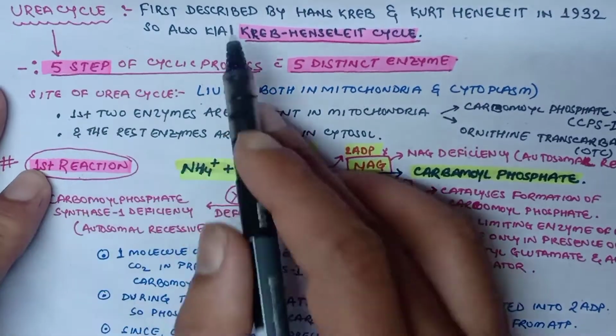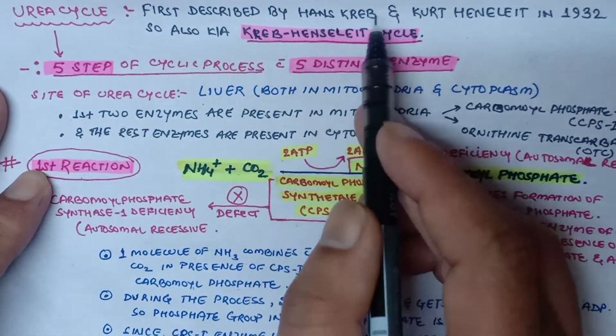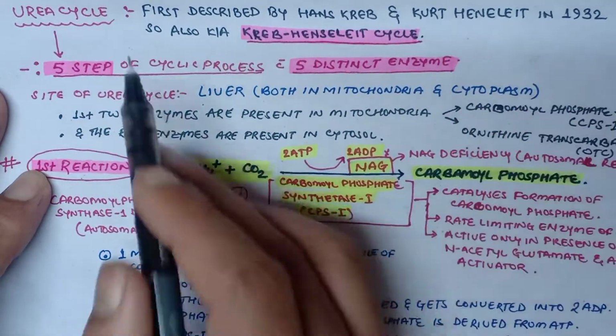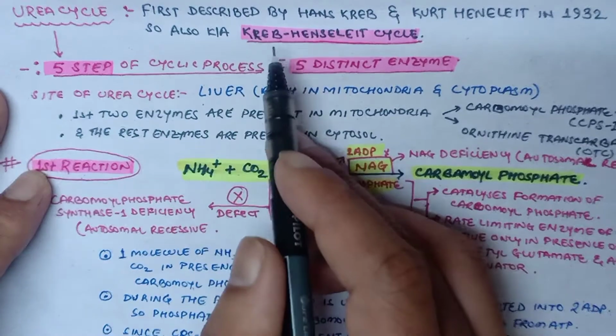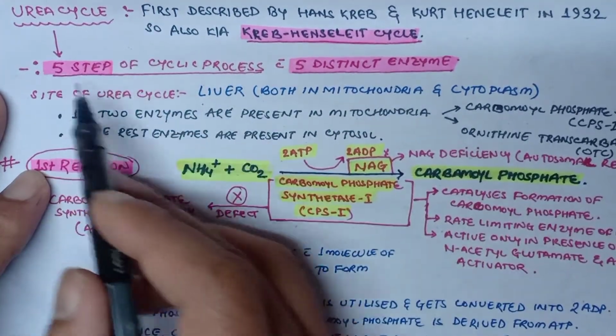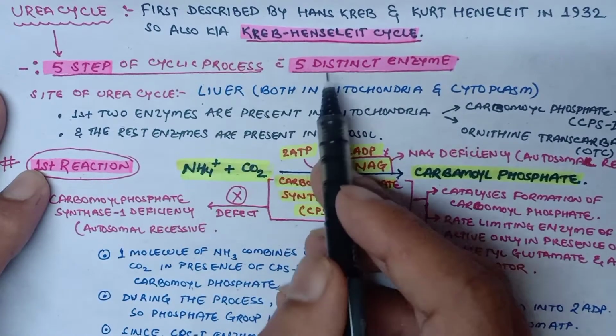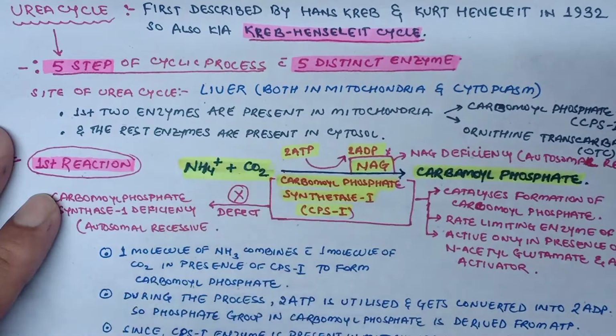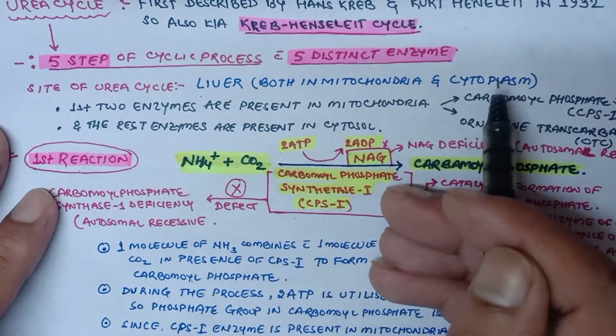The urea cycle was first described by Hans Krebs and Kurt Heinrich in 1932, and so it is also known as the Krebs-Heinrich cycle. The urea cycle has 5 steps of cyclic process with 5 distinct enzymes. So the urea cycle occurs in the liver in both mitochondria and cytoplasm.